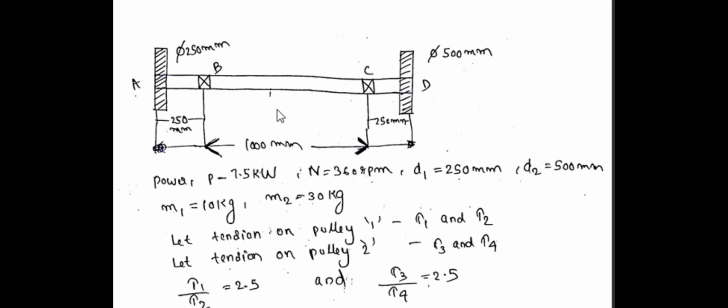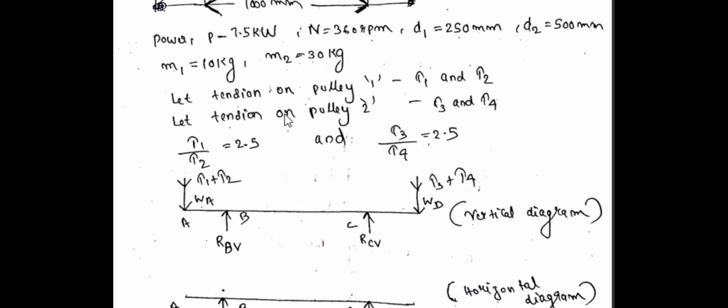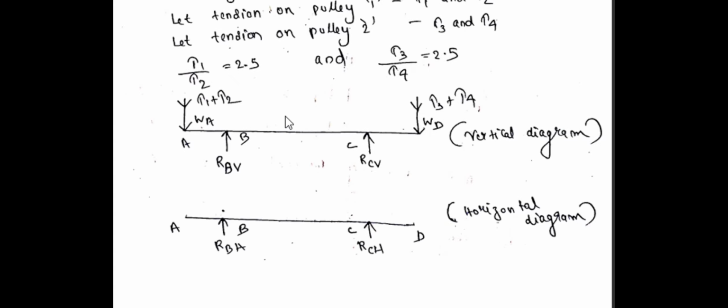Now let's look at the vertical and the horizontal diagram. Looking at the vertical diagram, at point A, since they have mentioned the tensions act in the vertically downward direction, T1 and T2 will be in the downward direction.